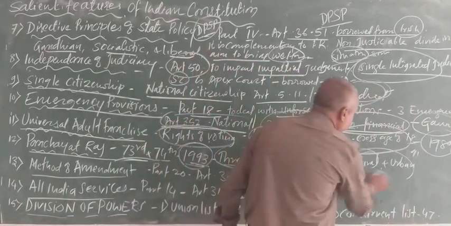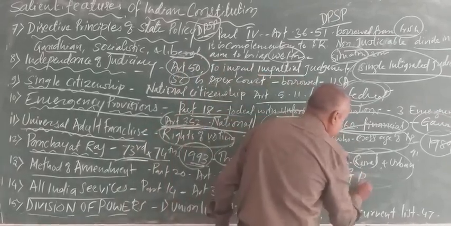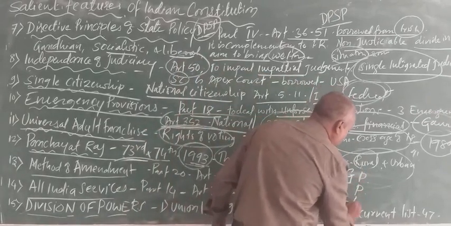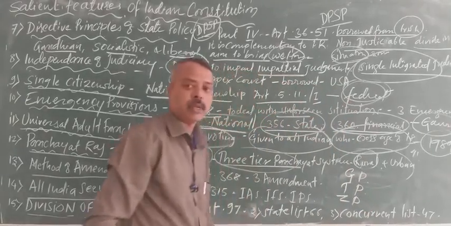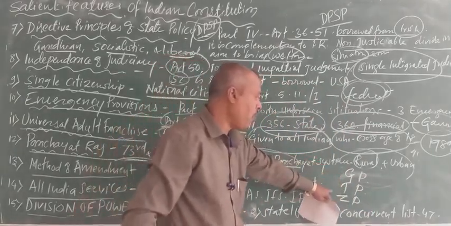That is Gram Panchayat, Taluka Panchayat, and Zilla Panchayat. It comes under the 73rd constitutional amendment. Those are the rural local bodies.